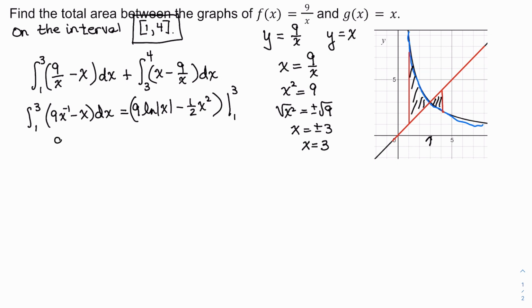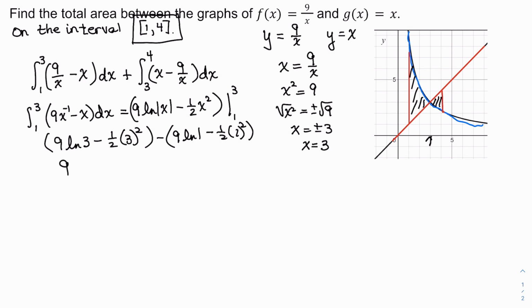Plugging in 3, I have 9 times the natural log of the absolute value of 3, minus 1/2 times 3 squared, and then subtract off of that 9 times the natural log of 1 minus 1/2 times 1 squared.